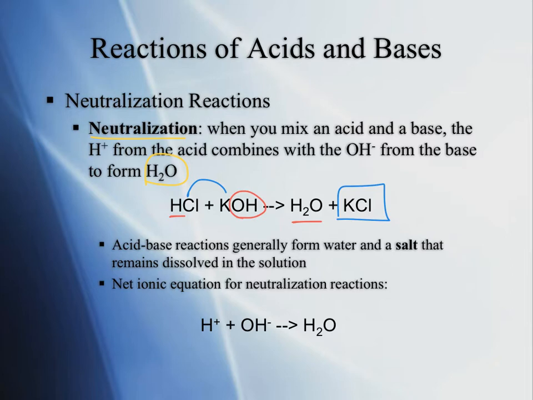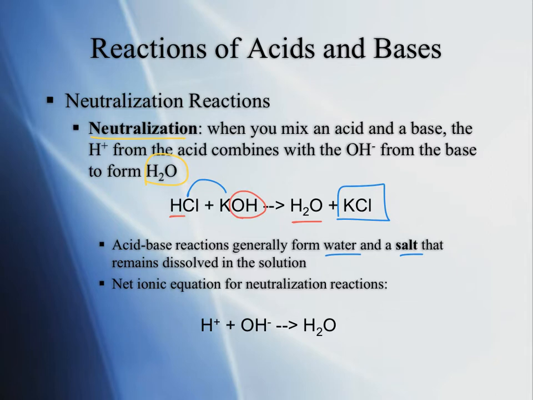So in general, we've got an acid-base reaction making water and a salt. A salt is any ionic compound, technically, in chemistry. In everyday life, salt means NaCl, the sodium chloride version of salt. But to a regular chemist, any ionic substance is considered a salt.